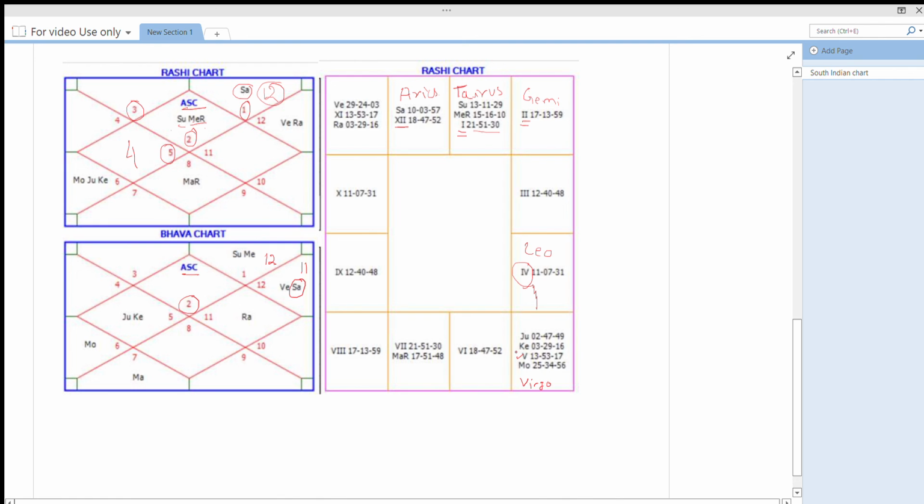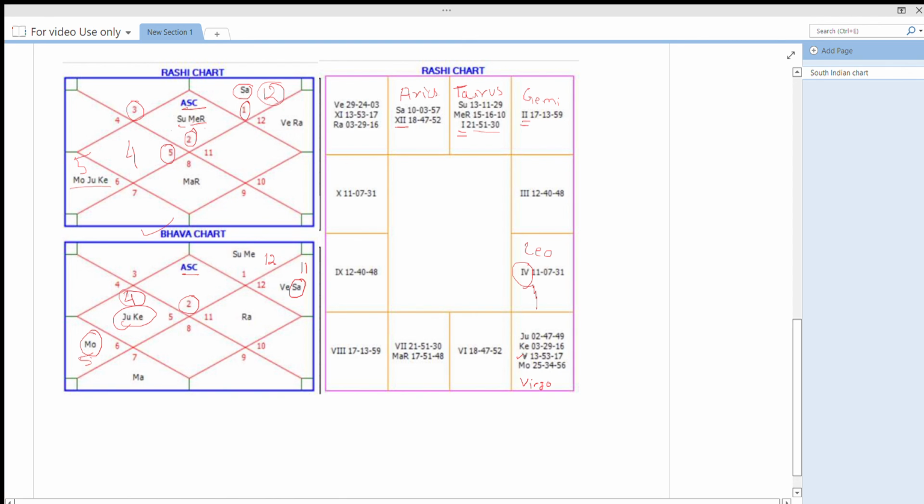So fifth house, let's go to the North Indian chart. First the Rashi chart. This is our fifth house and we have all 3 planets. When we are going to the Bhava chart, this is our fifth house and it is left only with the Moon. And where did our Jupiter and Ketu go? It's in the fourth house. Why did it happen?